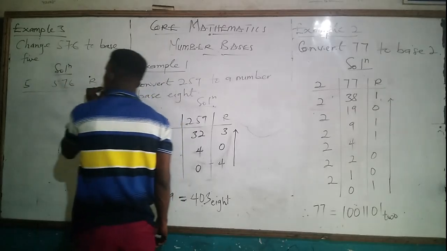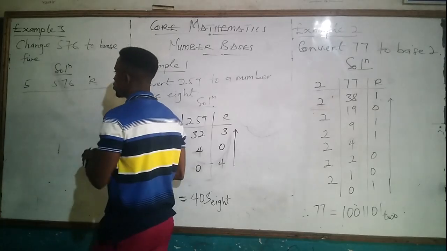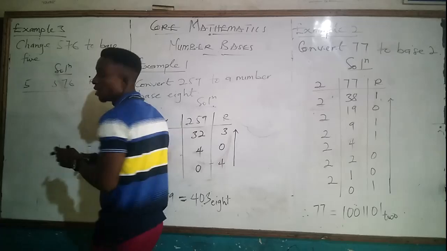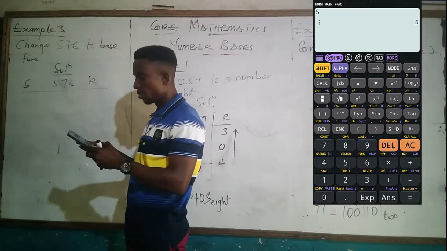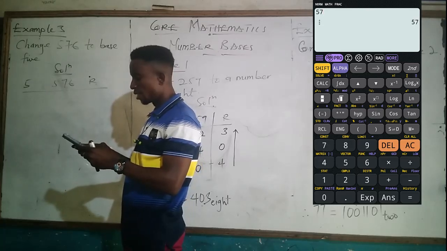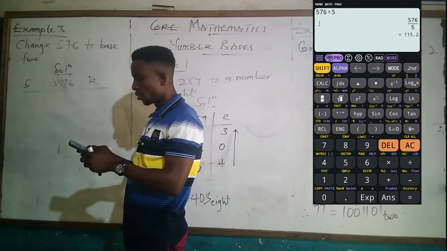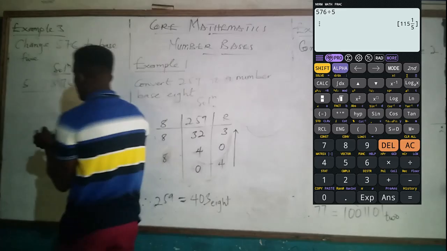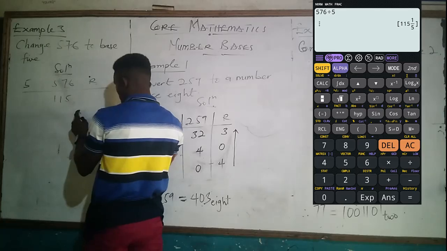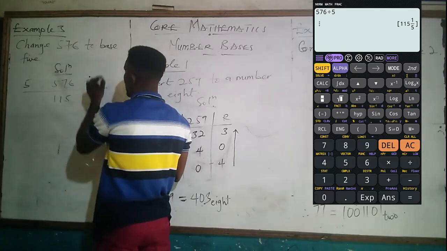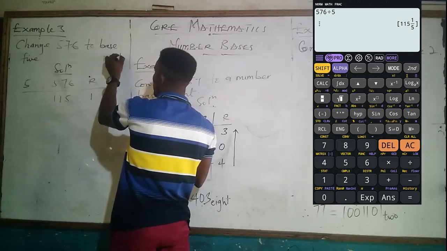It doesn't matter which I put first, so let's proceed. 5 into this one will get us, I don't know, so let me take my calculator. 576 divided by 5 gives 115 whole number, with 1 over 5.